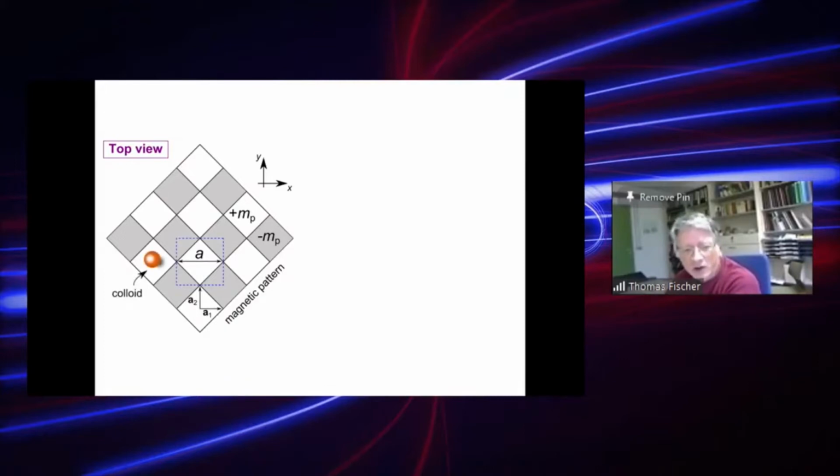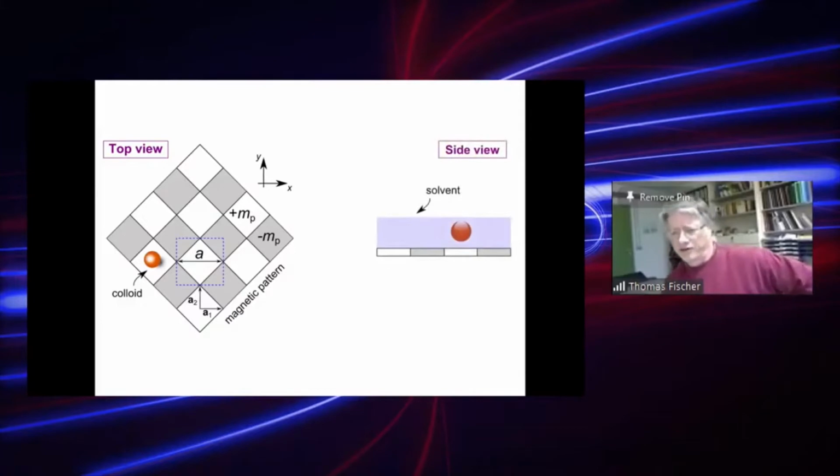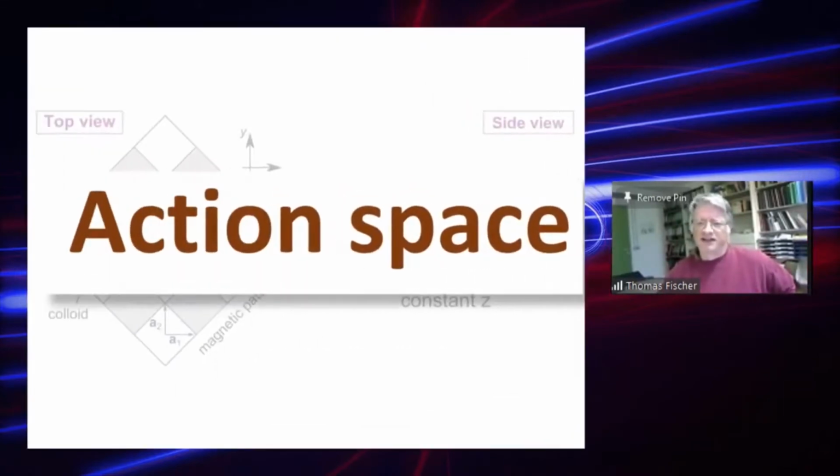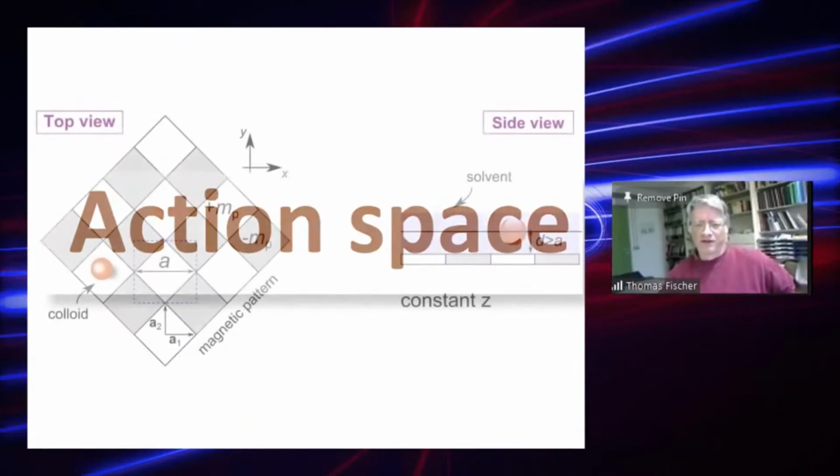On top of this pattern, we put colloidal particles. They can be paramagnetic or diamagnetic. They're put into a solvent above the pattern, and electrostatics and gravity confine them at a constant level above the pattern. So they move in a two-dimensional space that we call the action space.